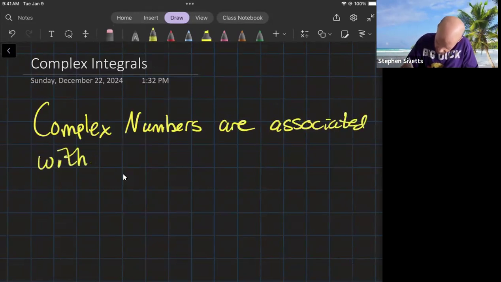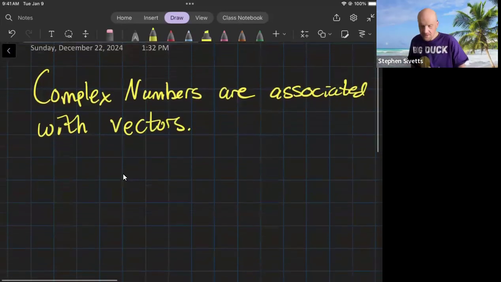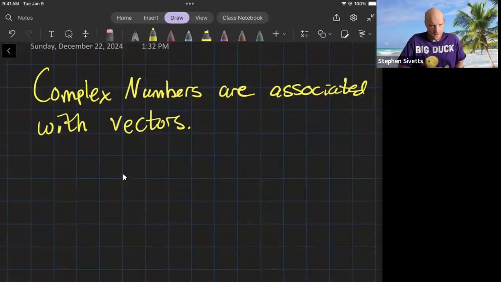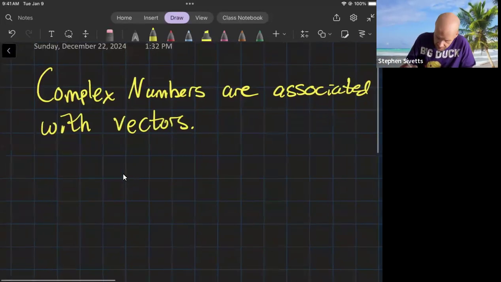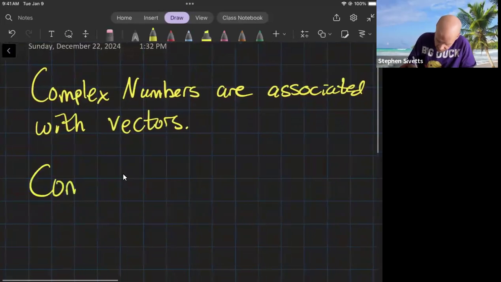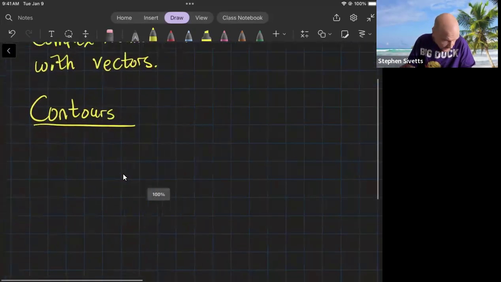We can express complex numbers as a vector. And most of the integrals that deal with complex variables are going to be line integrals, okay? So let's look further about contours in the complex plane.